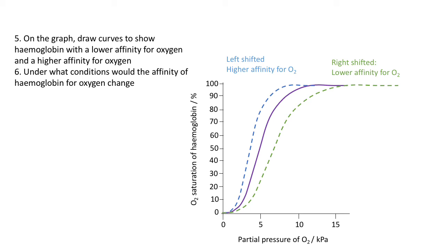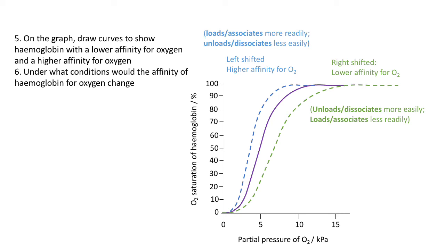And there are some important ways you need to describe these changes in affinity. So lower affinity actually means it unloads or dissociates more easily, loads or associates less readily. And for high affinity, you should be using those phrases. And I've put them in bold because it's really important you use the word loads or associates or unloads and dissociates.